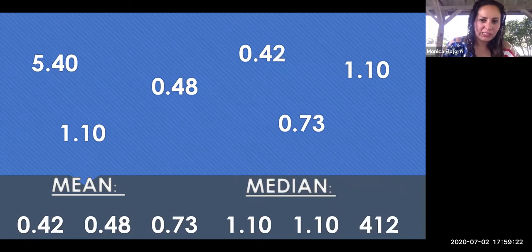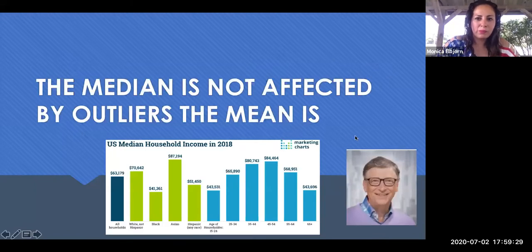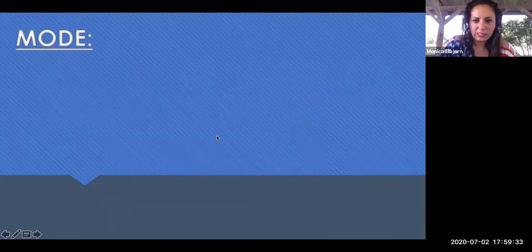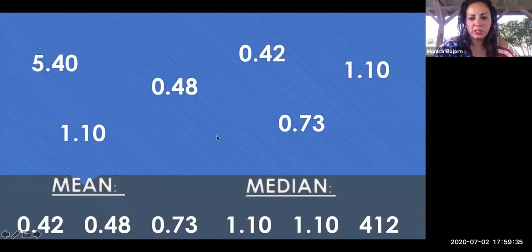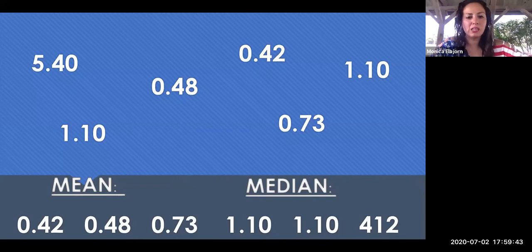It went up. So that's why the median is important. This 412 is called an outlier because it's affecting your data, making your data not tell what it's supposed to. So those are called outliers.